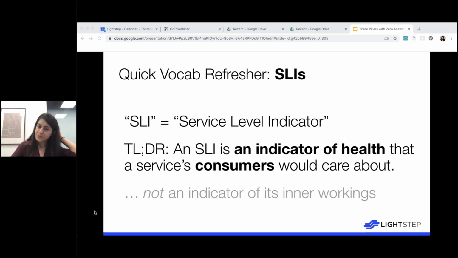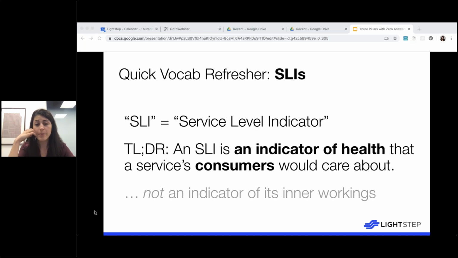So for example, if you have a Kafka queue, an SLI might be how long it takes to get a message into and out of the queue for a particular topic. But you wouldn't necessarily want to look at the CPU load or the number of nodes you are running as an SLI. That just shows you the inner workings of how Kafka is run. So that's the main distinction.